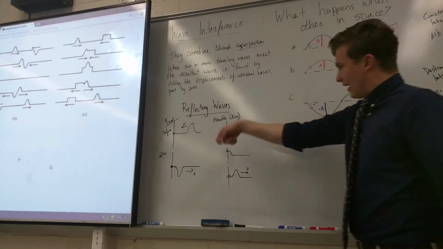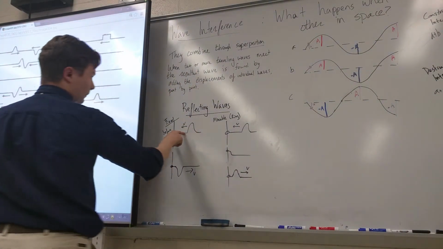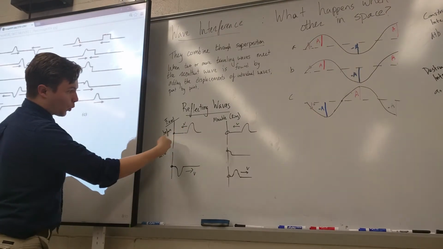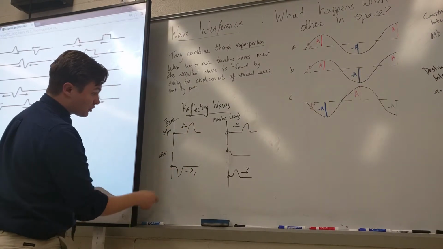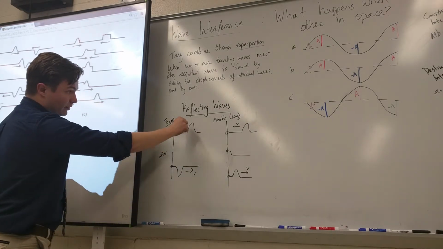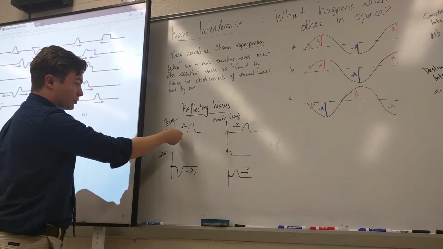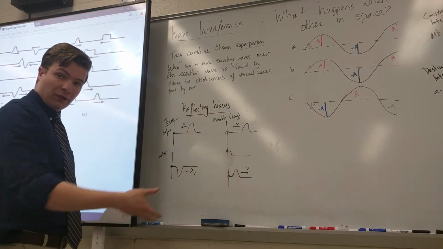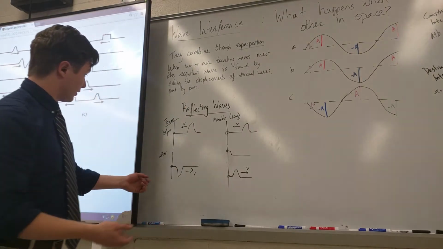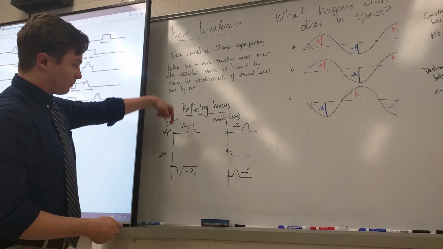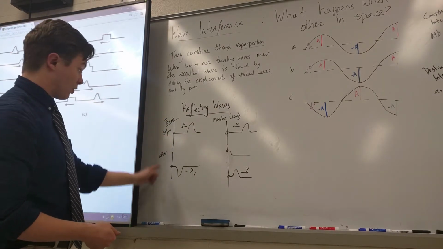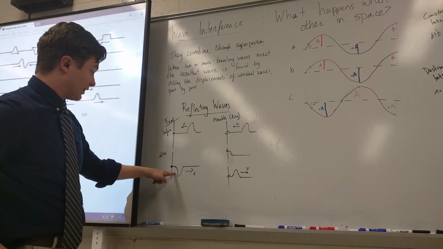If I take my rope and I flick it so I get this partial wave, it's moving towards the fixed end, it's going to hit the wall, and then it's going to bounce back. Because this rope is applying a force onto the wall, and by Newton's third law, for every force there's an equal and opposite force. So if this force is up on the wall, it's going to supply a force downward onto the rope, and it reflects the wave like this.